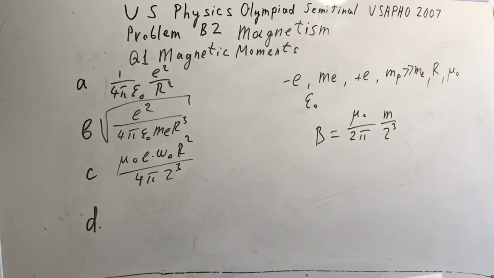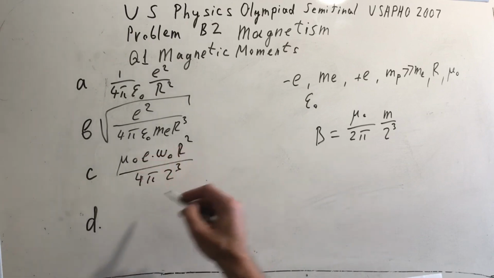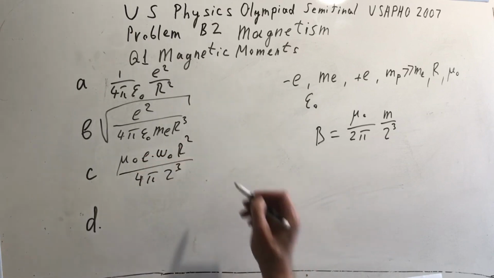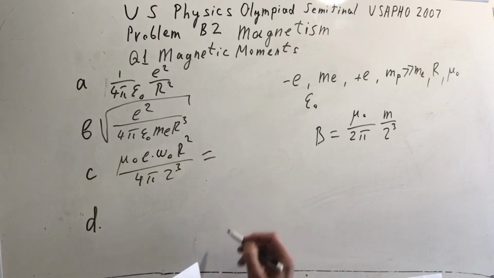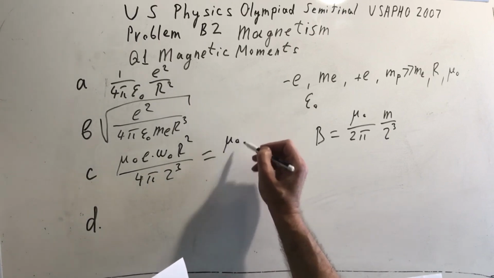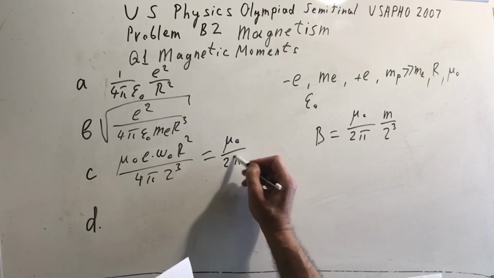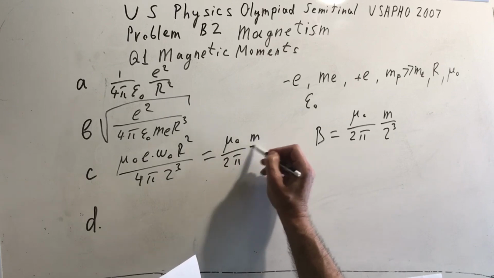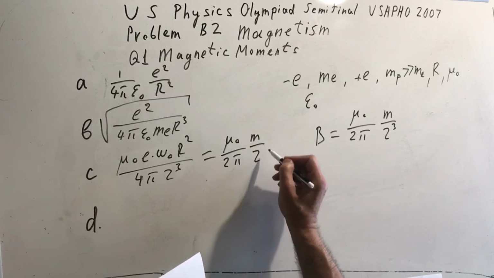So we already counted what the magnetic field from the electron is, and we can equate it to this expression mu 0 over 2 pi m over z cube.